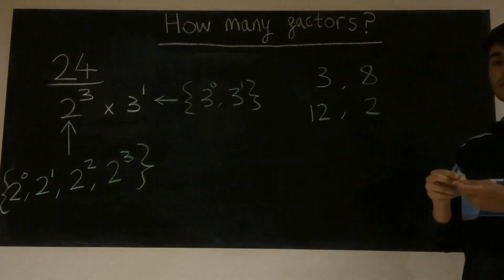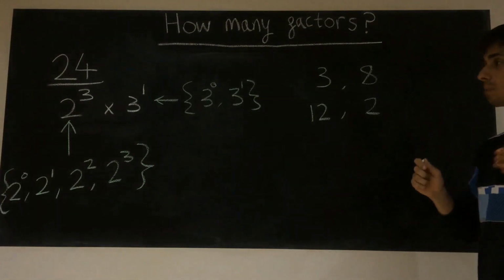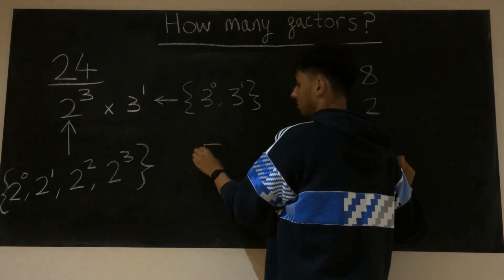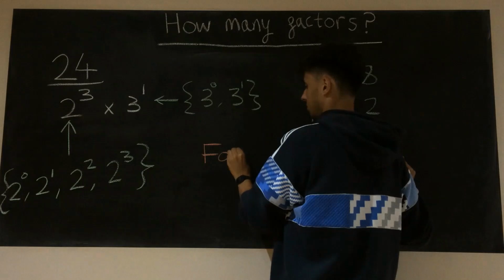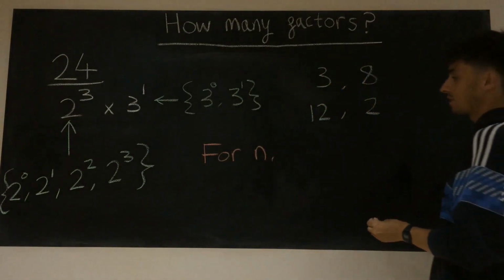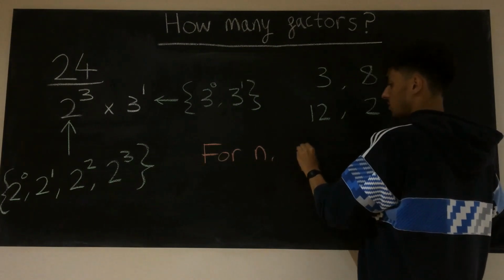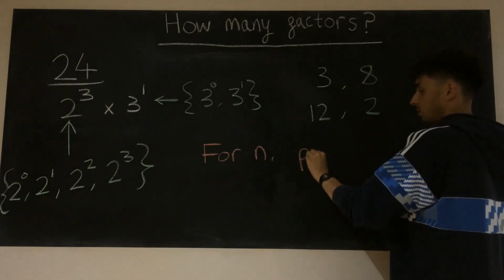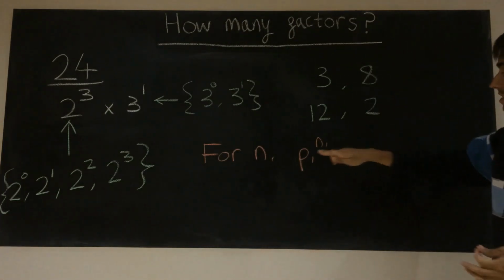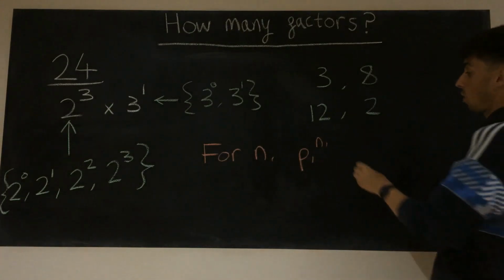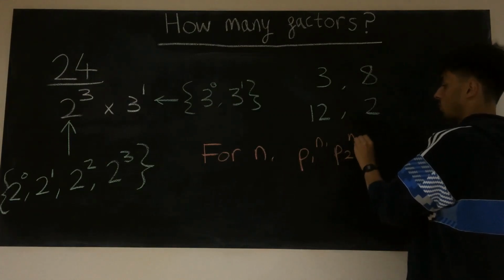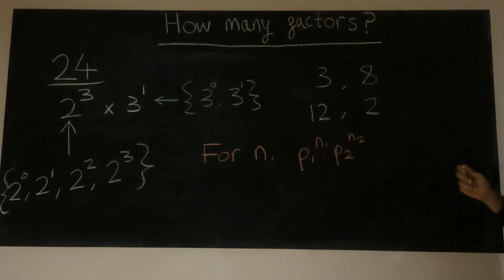And I think it's worth at this point writing it down maybe a bit more formally. So for some number n, if it's got a prime factorization that goes like this, it could have p1 to the power of n1, so that's a prime number to the power of a number. p2 to the power of n2, we've got another prime factor to the power of some number.